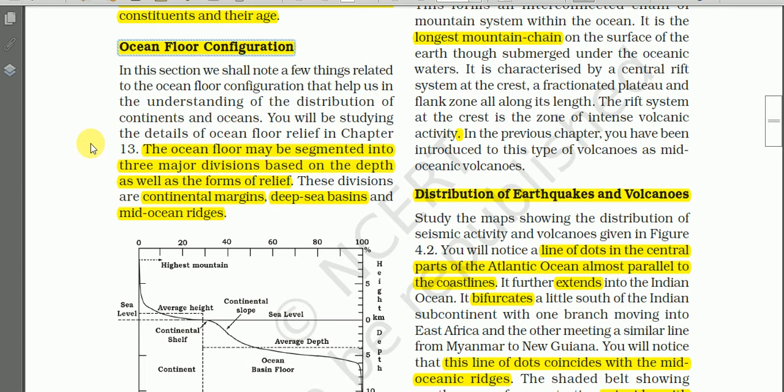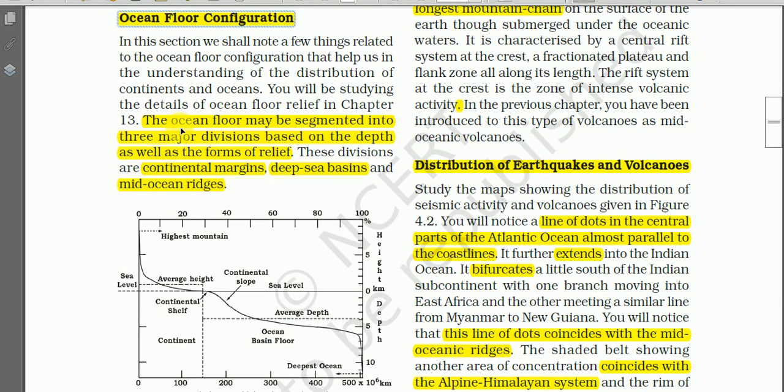We shall study the ocean floor configuration in detail in chapter 13 later on, and now we shall learn only the broad configurations.